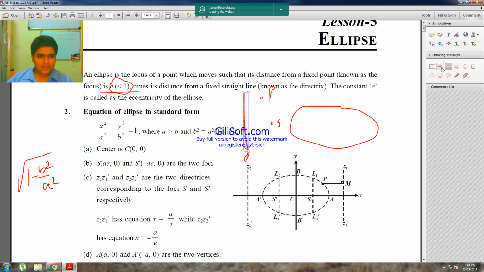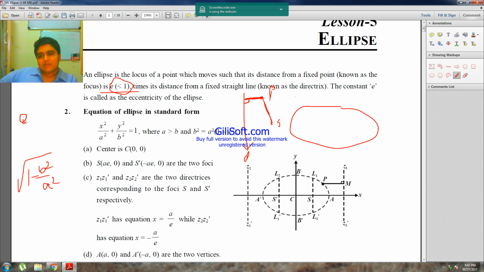I'm not able to draw it due to some technical issue over here. But this distance and this perpendicular distance, given that this is perpendicular, the ratio of these two distances is what we call the eccentricity.